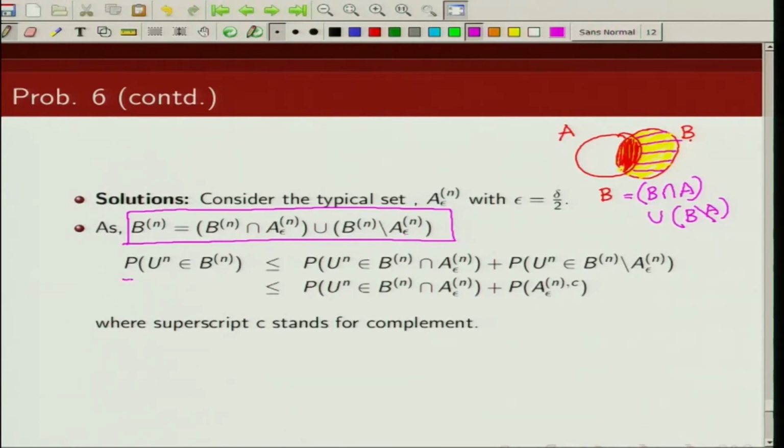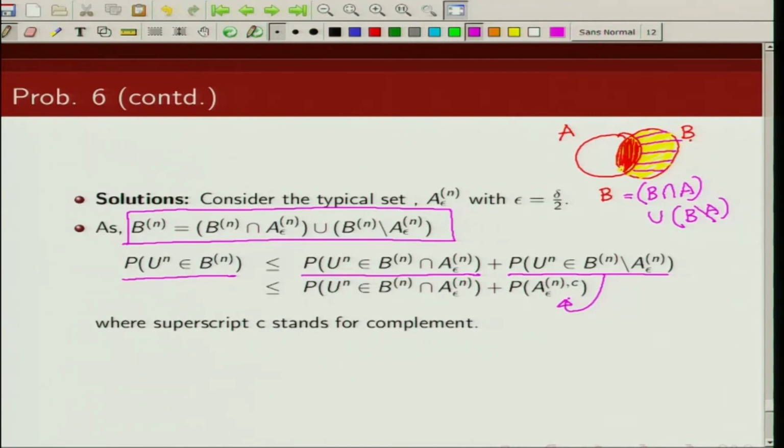So the probability that u^n belongs to B_n can then be written as the probability that u^n belongs to the intersection of B_n and the typical set, plus the probability that u^n belongs to B_n minus the typical set. This is nothing but the complement of the typical set.